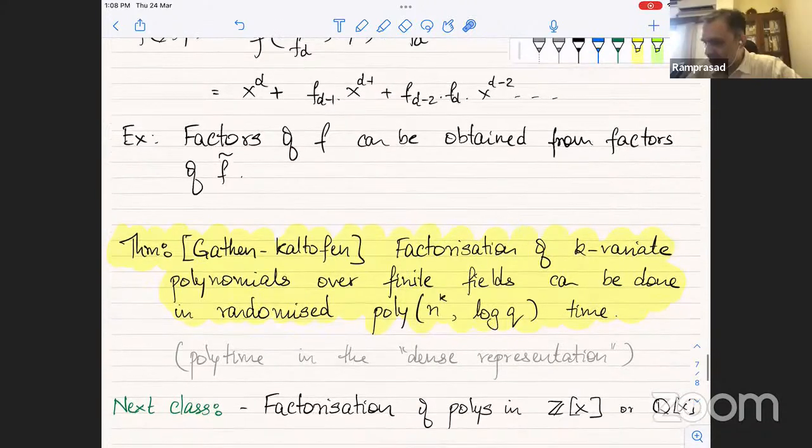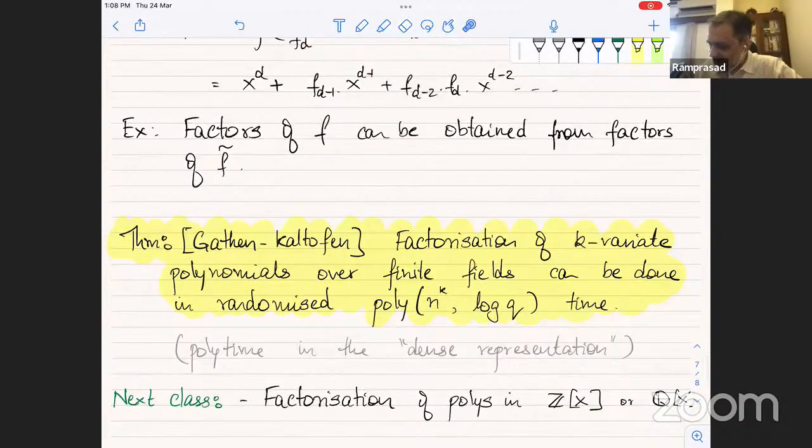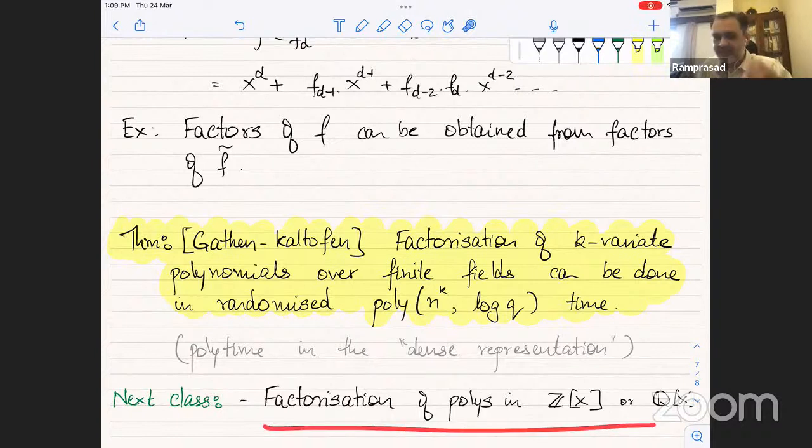Okay, I've already gone well over time. So in the next couple of lectures, we will build on what we have. In my sense, this is the final peak of part 2, which is to see factorization over the rationals or integers, because I presume most of the time these are the polynomials we're interested in. We probably don't care as much about finite fields and so on.